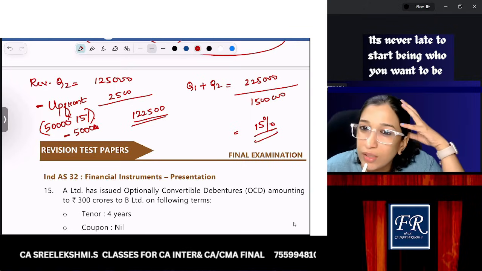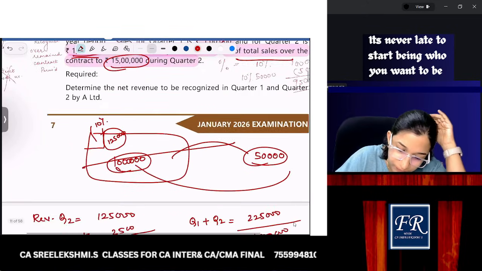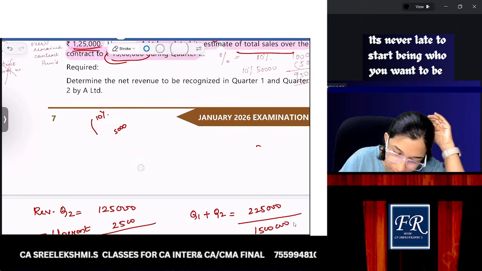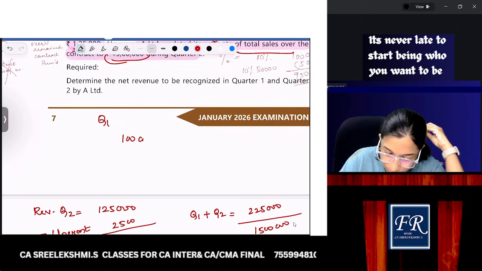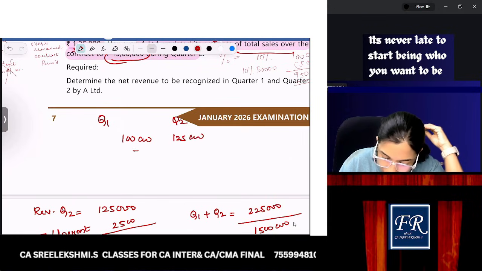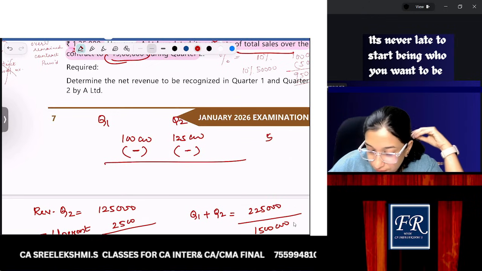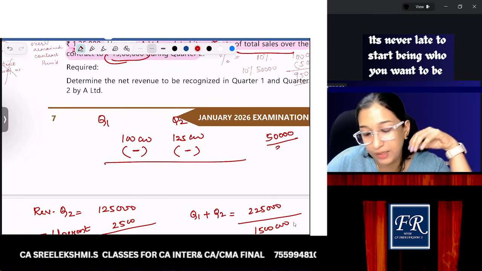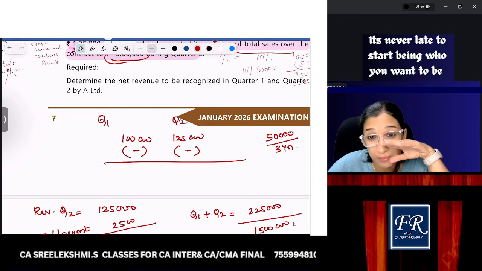Just think about it. My Q1 revenue was 1 lakh. Q2 revenue was 1,25,000. How much upfront fee will be adjusted? The upfront fee of 50,000 was for 3 years, but I am not just dividing by 3.